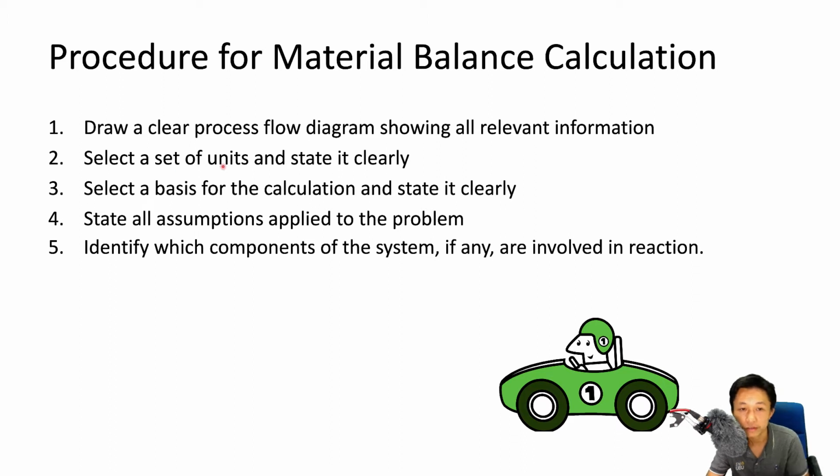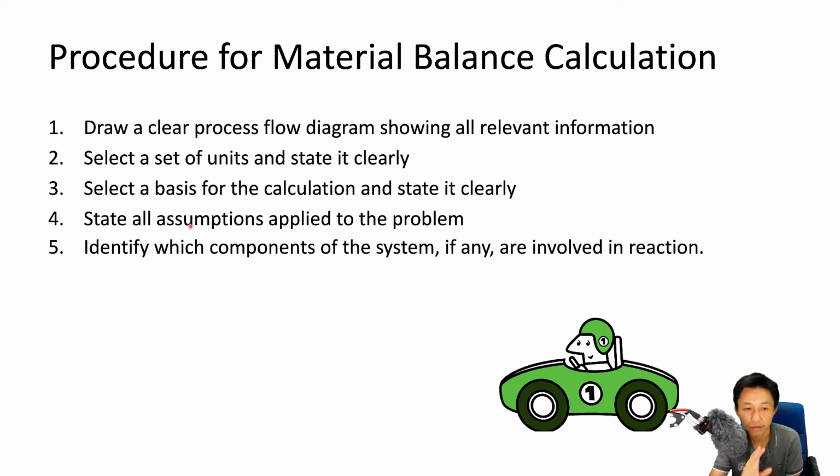You need to select your unit and your reactant. Sometimes we need a basis of calculation, like we feed this kind of reactant. All assumptions are applied to the problem, like using the ideal gas equation PV equals nRT for your gas product, for example.